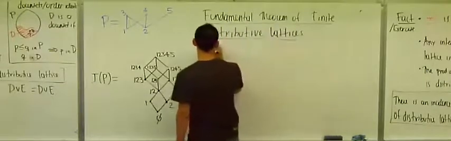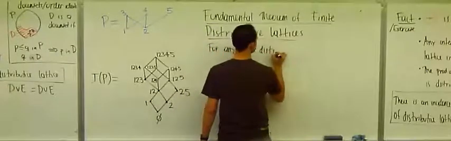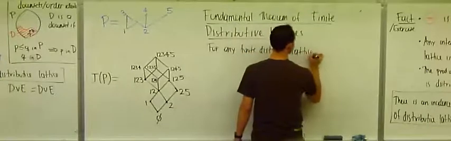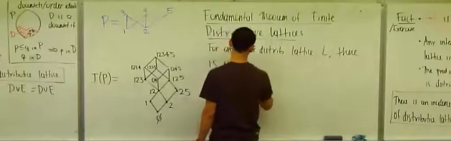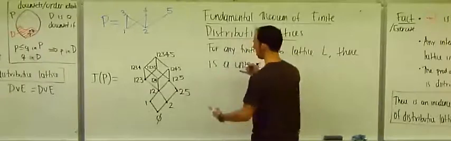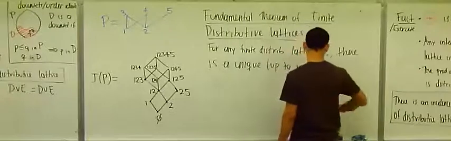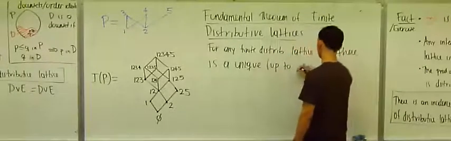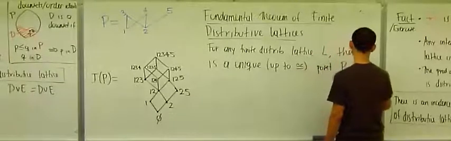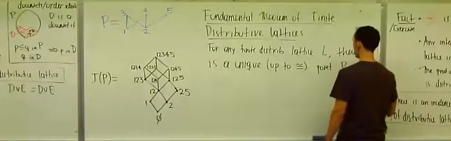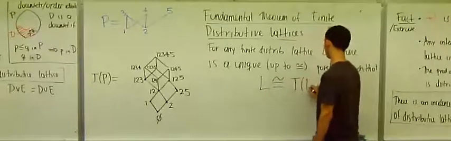For any finite distributive lattice L, there is a unique, unique up to relabeling, up to isomorphism, poset P such that L is isomorphic to J of P. Okay.